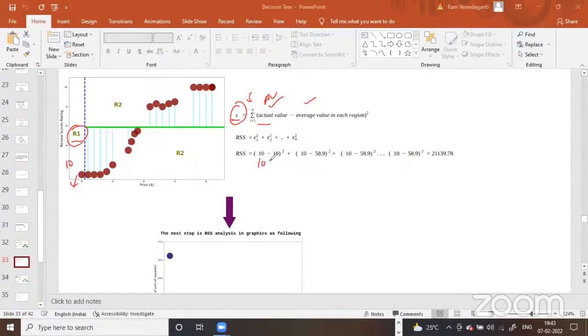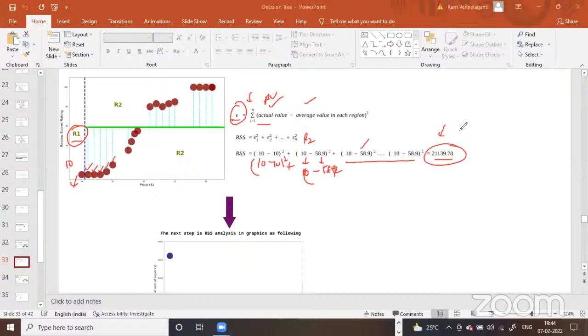What is the average value? 10. 10 minus 10 whole square plus region 2. What is the first actual value in region 2? 10. What is the average value? 58.9. So like this, you are going to consider all your observations in region 2. Take the square of their difference and then add all the square differences.